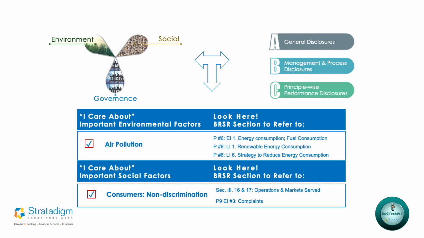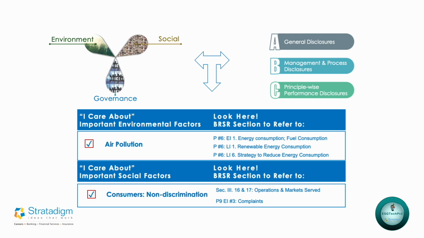Similarly, there is an item on consumers. Consumers should not be discriminated against. Two people with identical profiles approaching a bank for a loan should not be discriminated against on the basis of non-underwriting criteria. You cannot be arbitrary and say based on the color of skin that I will give or not give. If you want to check that out, you can go to Section III, which is Section A, Part III, go to 16 and 17 and see which operations the bank engages in and which markets are served.